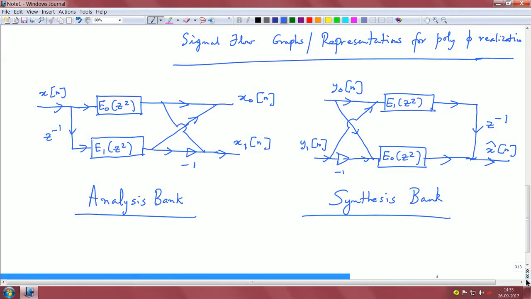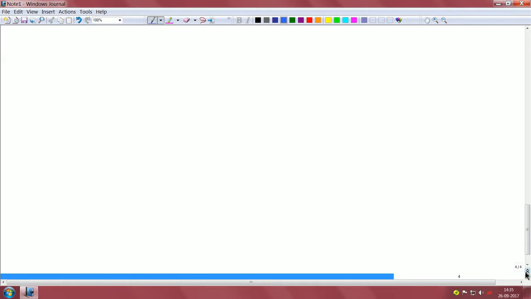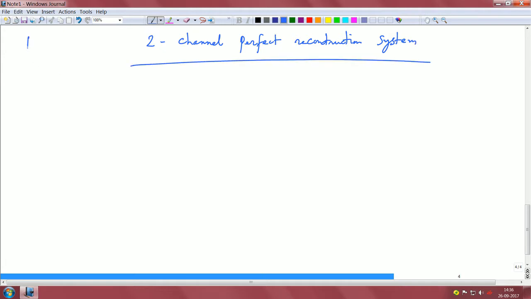But before we begin the generalization, I would like you to go through a simple example of a 2 channel perfect reconstruction system. We will see an example so that we know what is happening purely in the time domain.